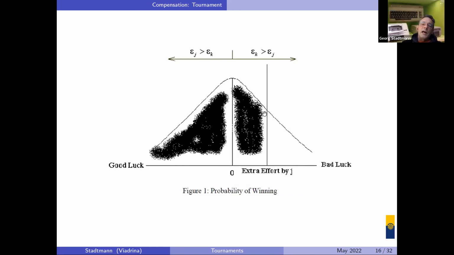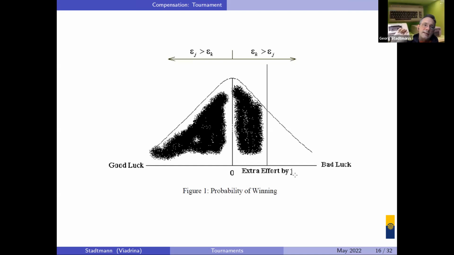Then you also have a line, and it says extra effort by J. So it seems that in this graph, one situation is depicted where mJ is larger than mK. The difference between the two effort levels is positive.